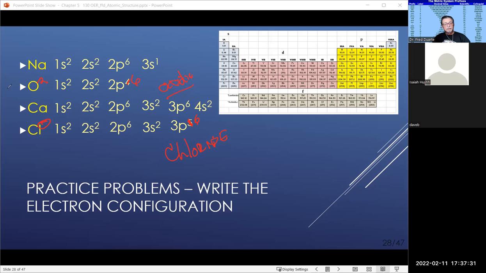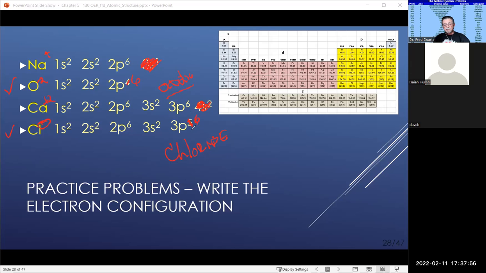So the nonmetals, which is this one and this one, gain electrons to fulfill the outermost shell, whereas the metals lost electrons, so that 3s1 electron went away, giving me a plus charge, and the 4s2 was lost to give me a +2 for calcium, okay?